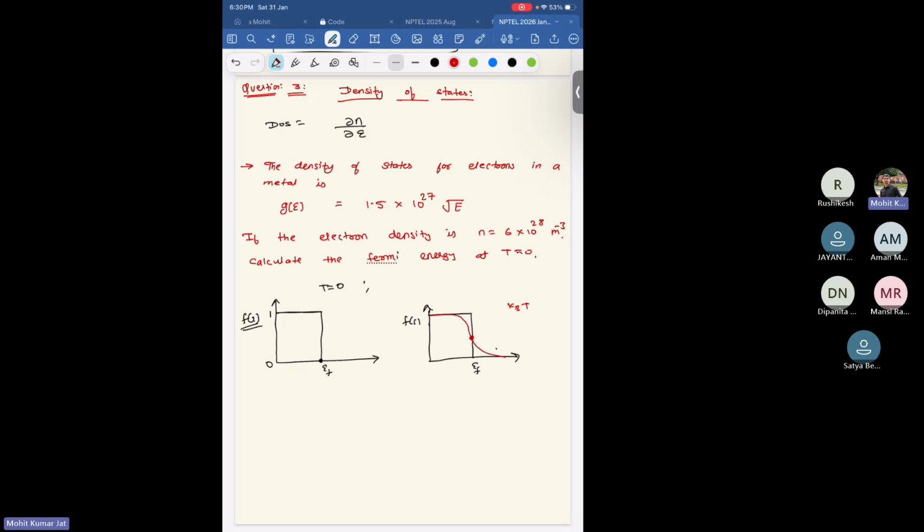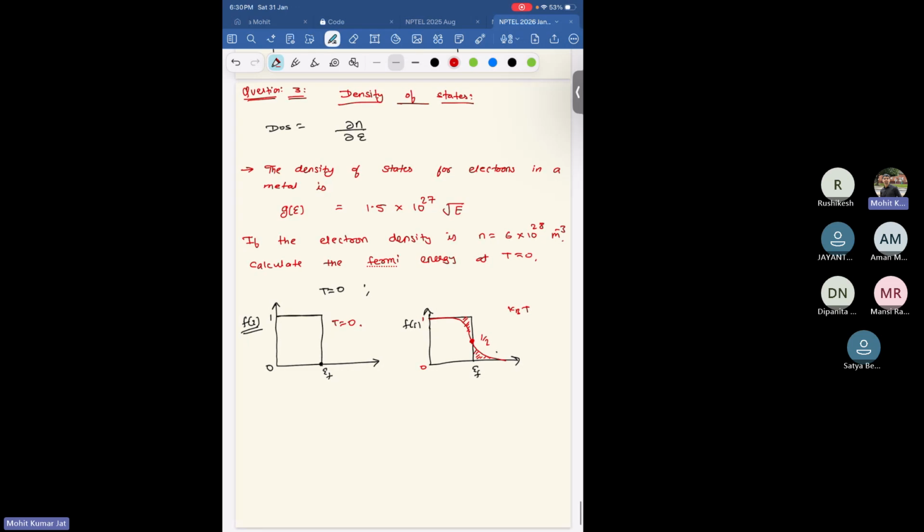At finite temperature, your probability of occupation at the Fermi energy will be half. This is 1, this is 0. And these are the states which are of the kBT order. These are also states of the kBT order. So this is for finite T, and this is for T equal to 0.